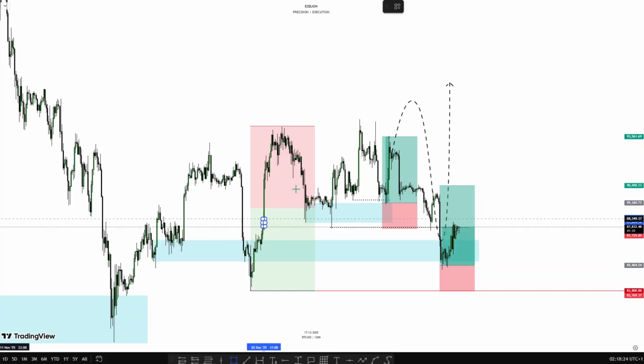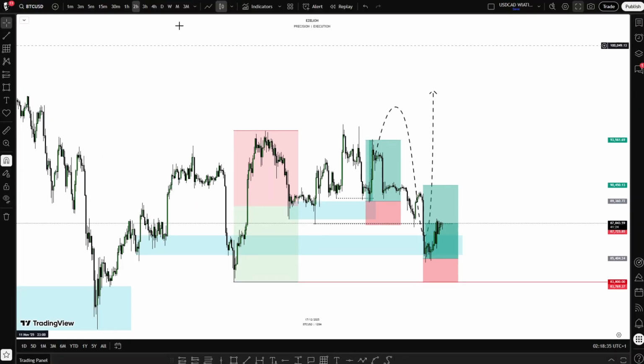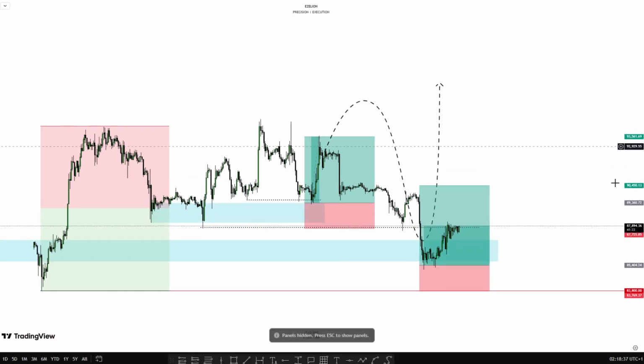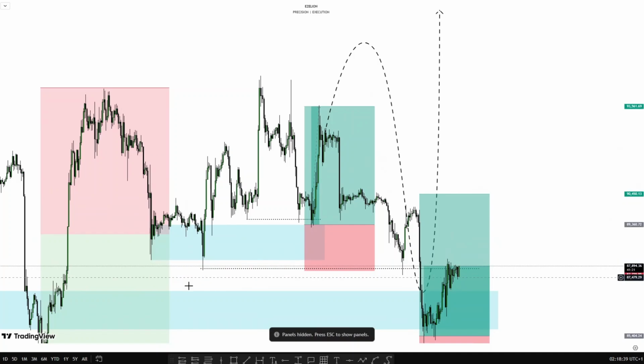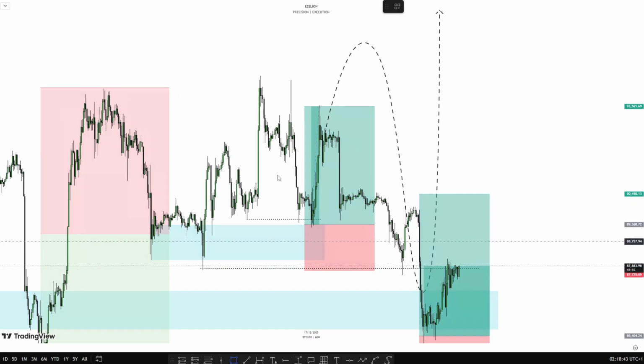I don't like using imbalance. I like just using demand and supply or other blocks, right? So price traded to rebalance this inefficiency right here. Now on the 1 hour time frame, or you can decide to use this, as price tapped into this imbalance, let's go back to 120 minutes and mark it out.